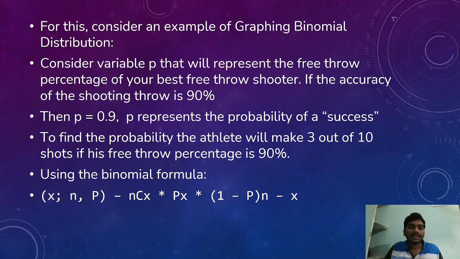Consider a variable p that will represent the free throw percentage of your best free throw shooter. If the accuracy of this shooter is 90%, then p equals 0.9 and p represents the probability of a success. To find the probability the athlete will make 3 out of 10 shots if his free throw percentage is 90%.